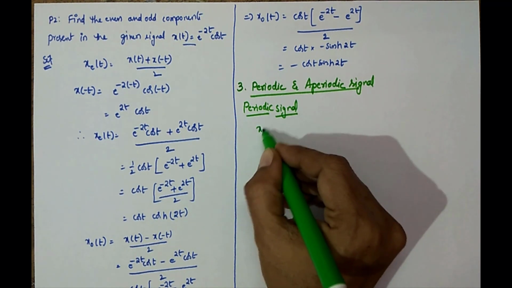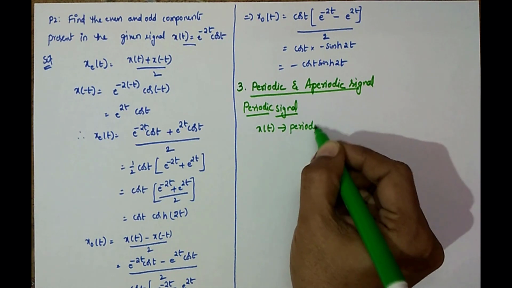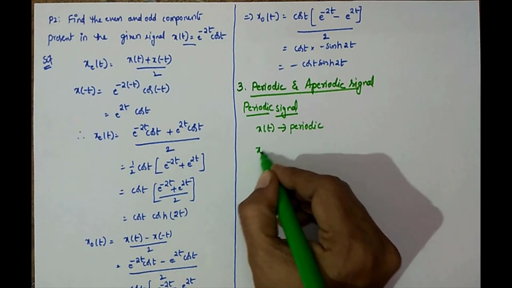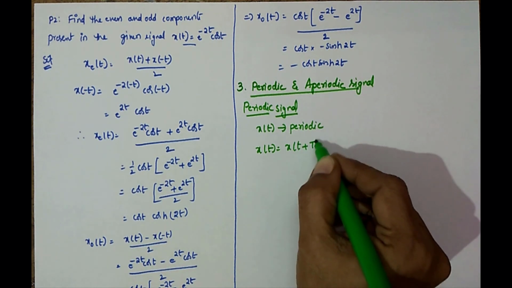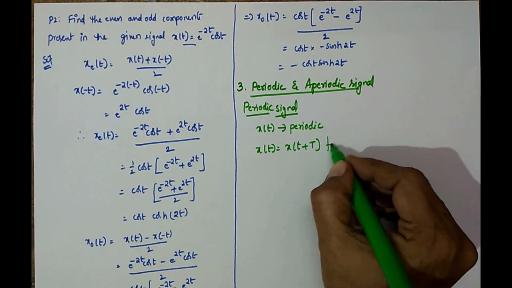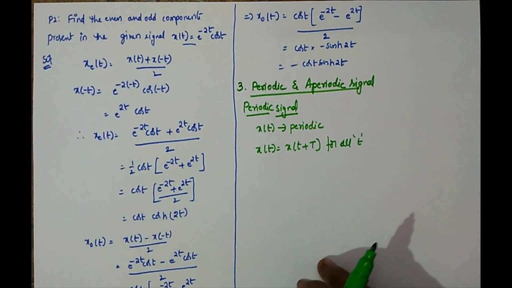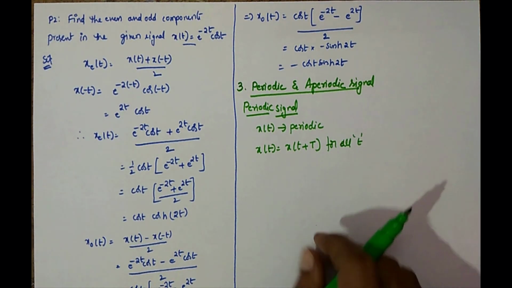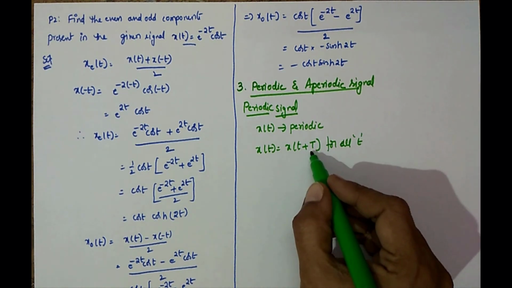A signal x of t is said to be periodic if it satisfies the condition x of t equal to x of t plus capital T for all t. What is T here?